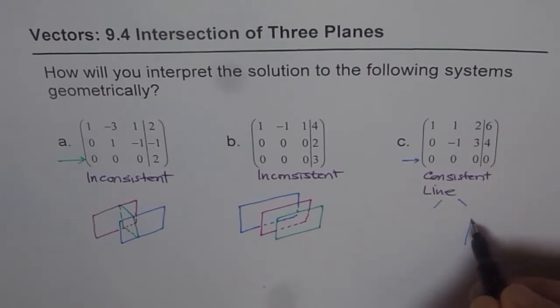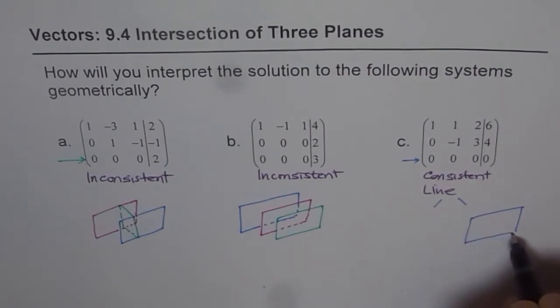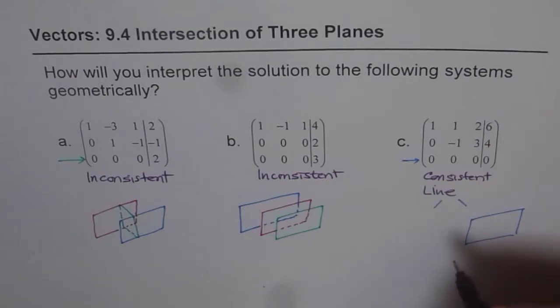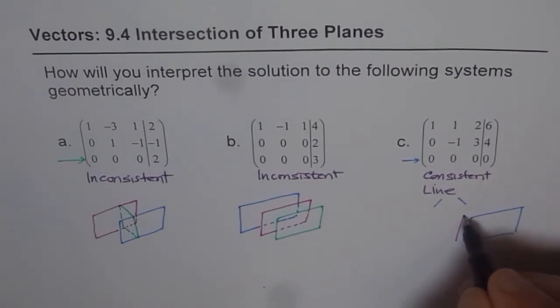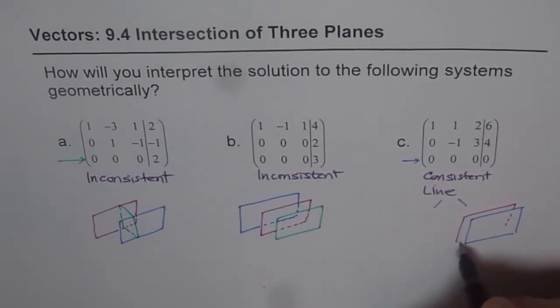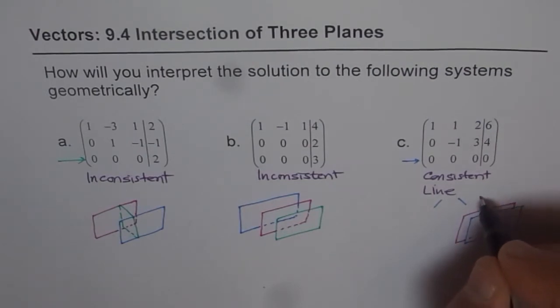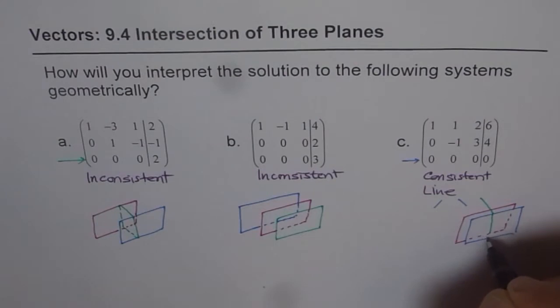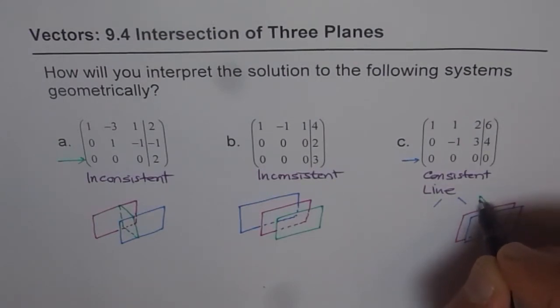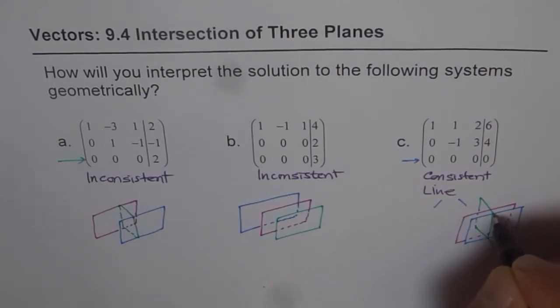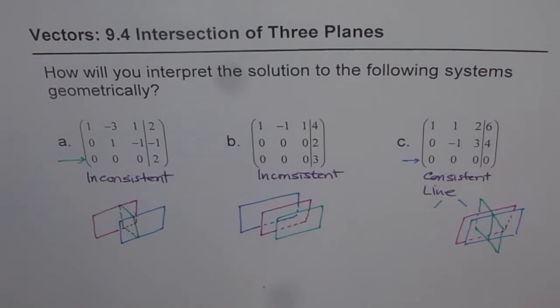One is that we have two planes here, which is kind of like this, and the third one crosses them, and so you get a line, right? So you get a line here. I should have made that dotted, but that's okay, right? So that is how the situation is.